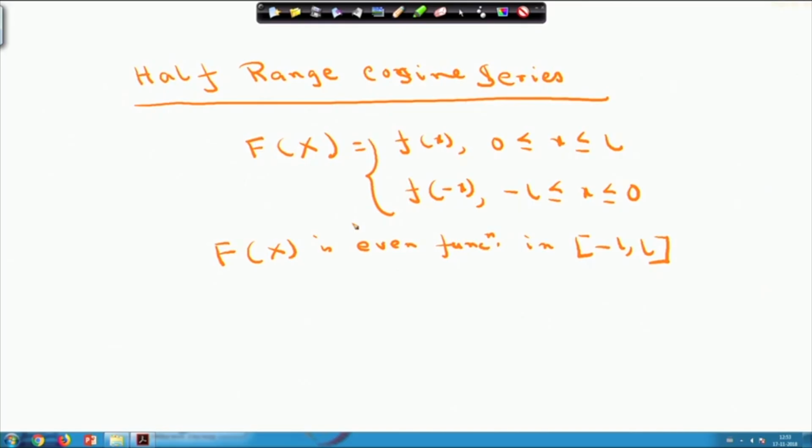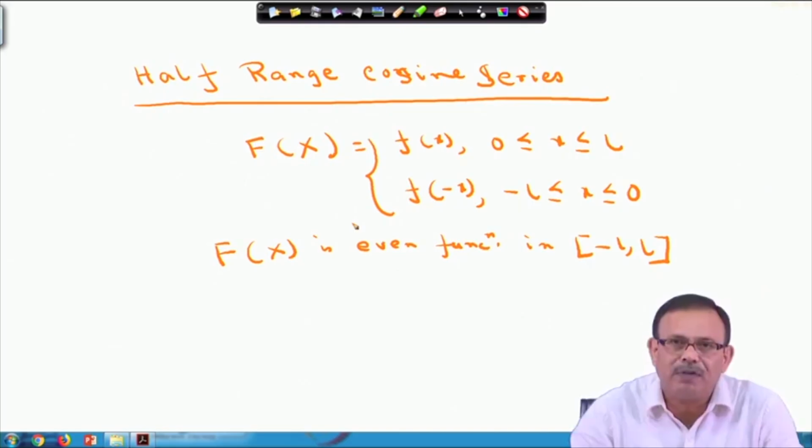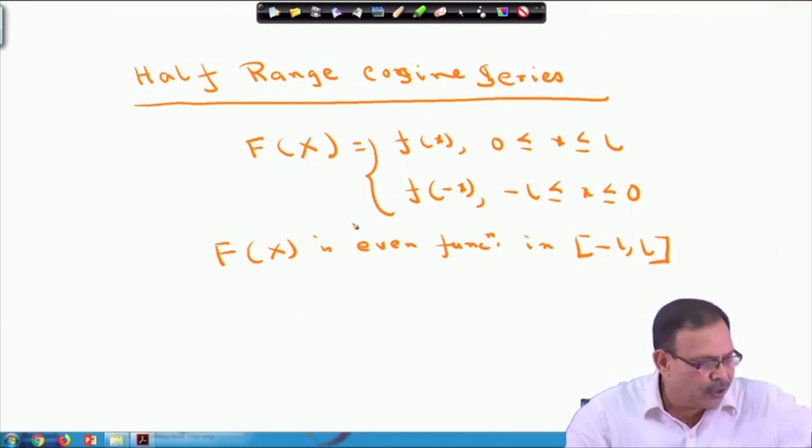By this definition, capital F x becomes an even function in minus L to L, and we can find out the Fourier series of the function f x in this interval minus L to L, and since f x is an even function, it will consist of the cosine terms only.